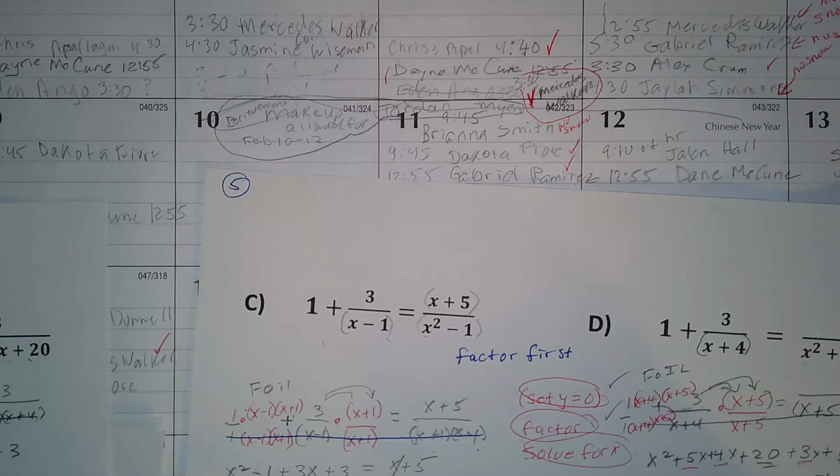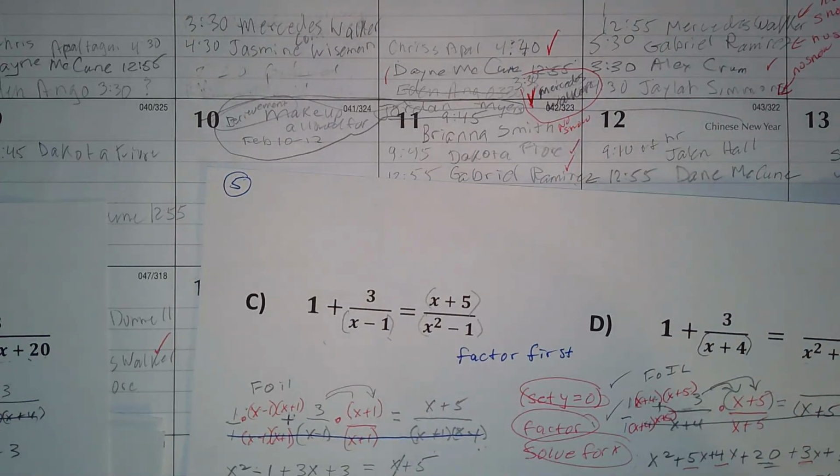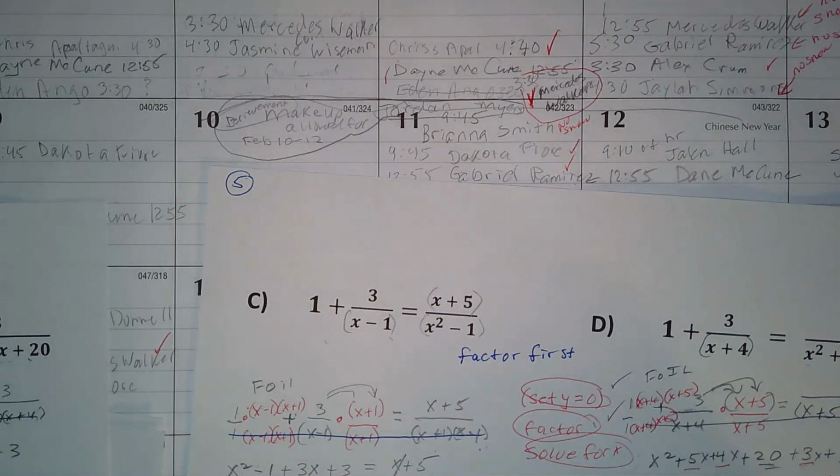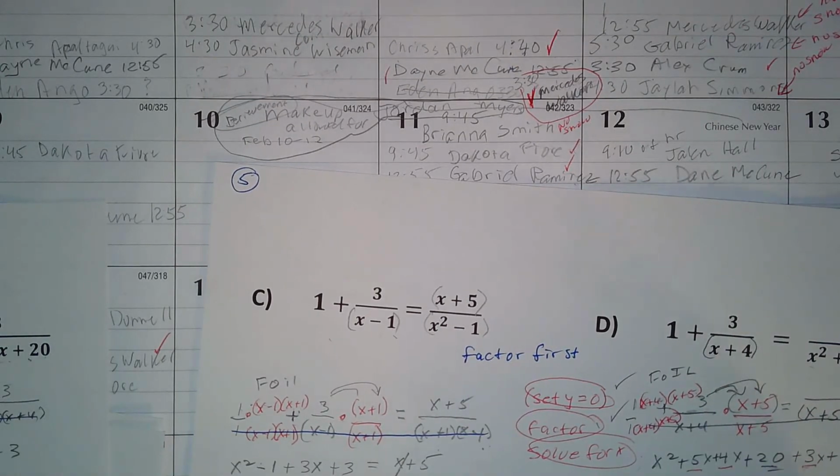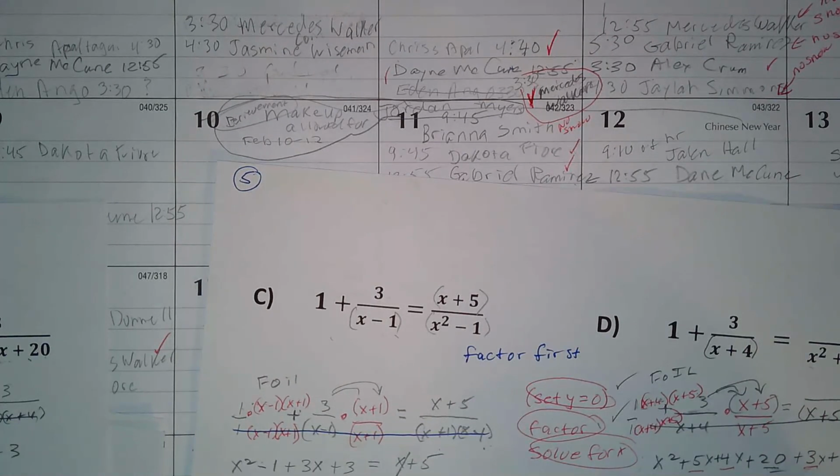So that equals 3 over negative 4 squared plus 9 times negative 4 plus 20.